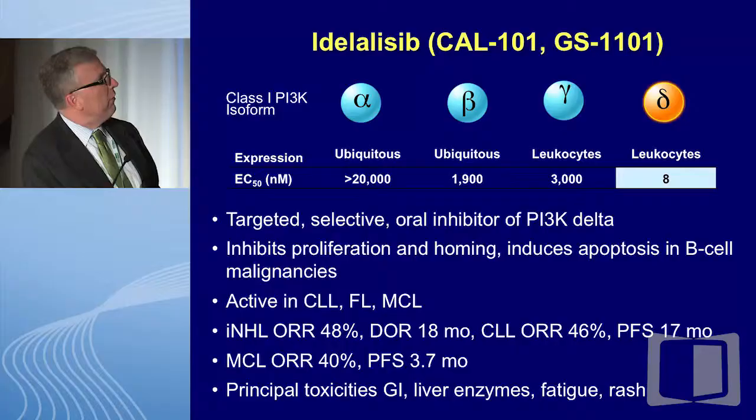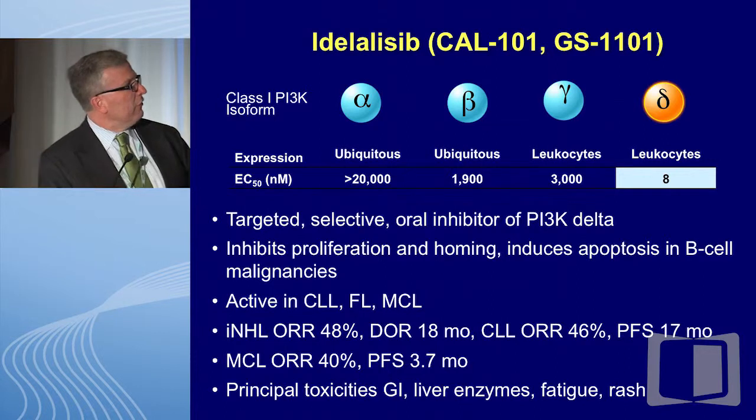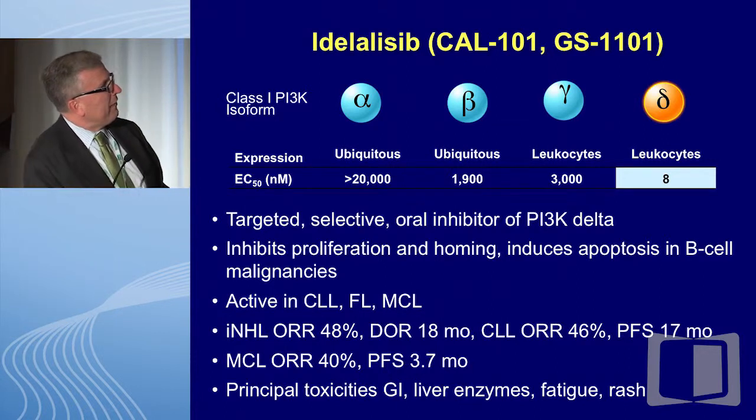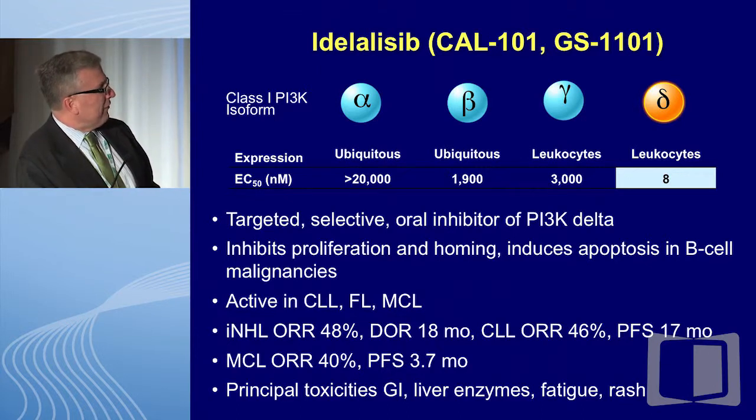Now, what about using these drugs in patients with recurrent follicular lymphoma or other indolent lymphomas? First, idelalisib, which is a PI3 kinase delta inhibitor, relatively specific for the delta isoform. It was looked at as a single agent in indolent lymphoma, with a 48% overall response rate and duration of response of 18 months.